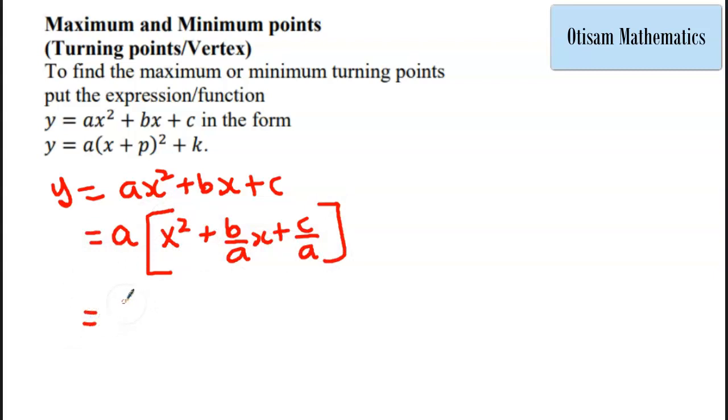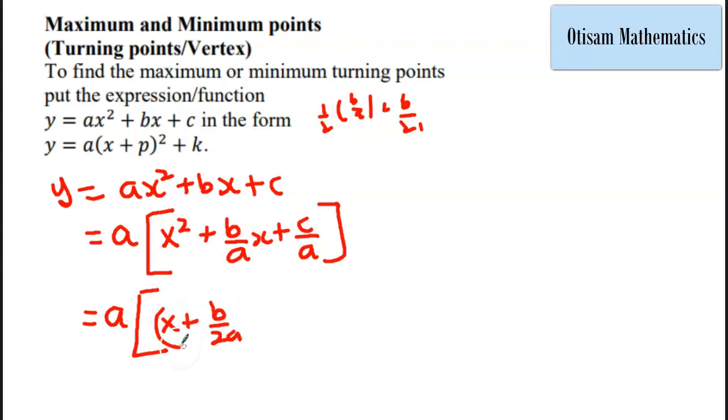So we are now going to complete the square. To complete the square, you find half of this. So half of b on a, we have b over 2a, and then we add it to x to square it. So we have x plus b over 2a all squared. We have added b on 2a squared, so we need to subtract it.